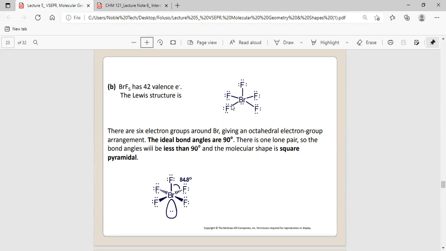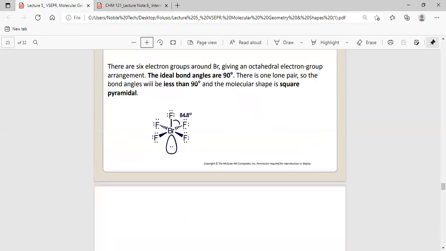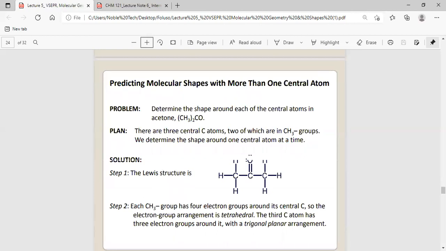An octahedral structure is supposed to have the square planar part and the pyramidal part up and down. In this case, you now have a lone pair, and this lone pair would repel the bonds. The bond angle is supposed to be 90 all through, but there's a repulsion of the bonds, and that reduces it below 90. So we have 84.8 degrees as the bond angle.